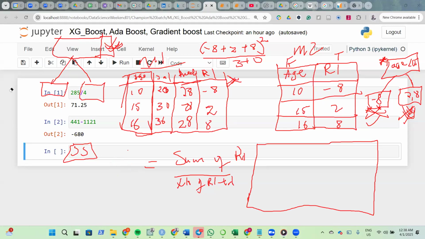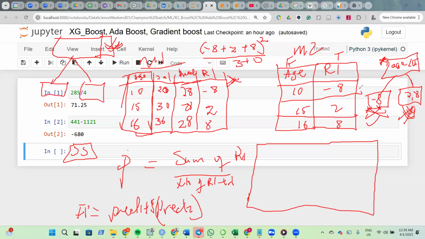Your final prediction still remains as spread 1 plus learning rate times spread 2. It still remains like this, but this is your prediction now. So this is what we've calculated.